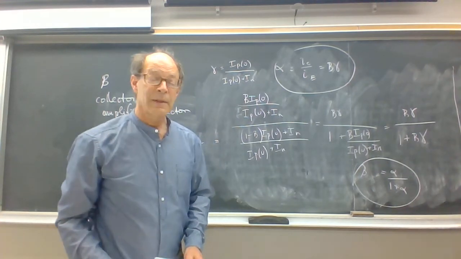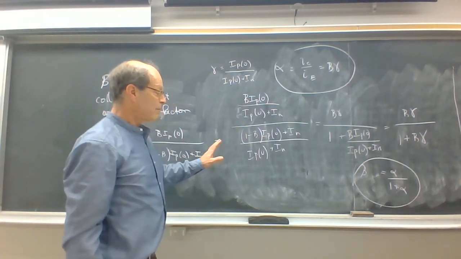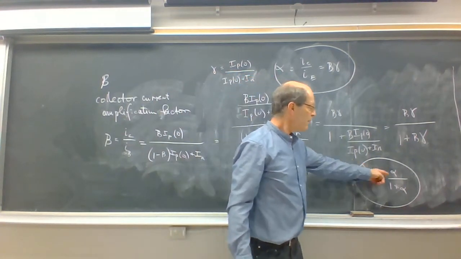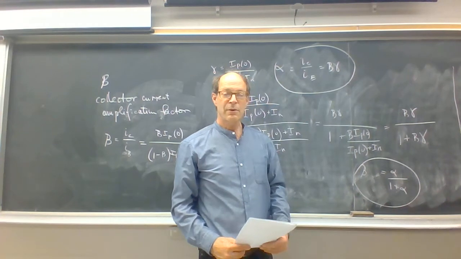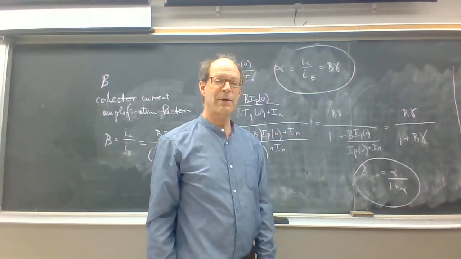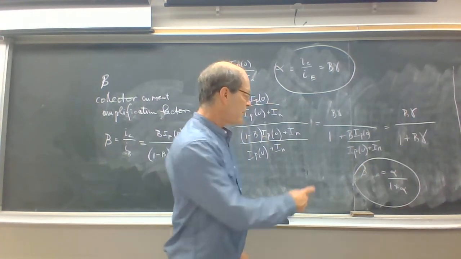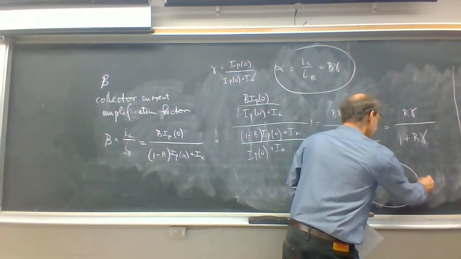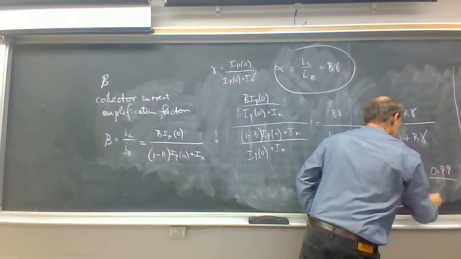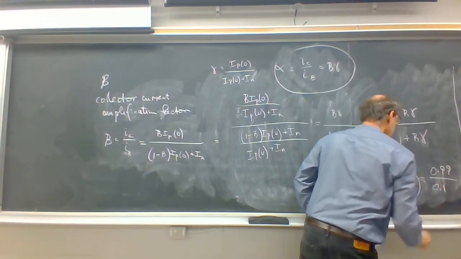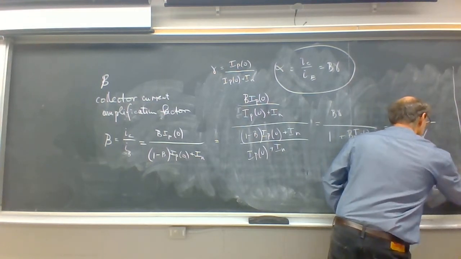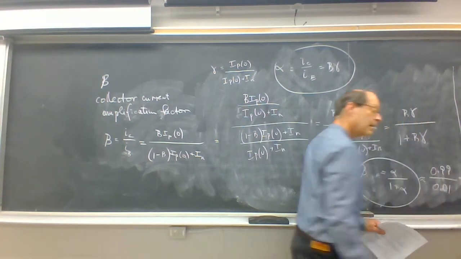Now beta is a number which is going to be quite large, because if alpha is almost equal to 1, let's just say for the sake of argument that alpha is 0.99, then this ratio could be approximately 0.99 divided by 0.01, which equals 99.